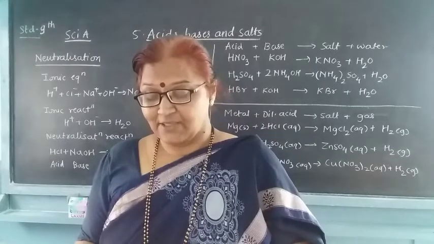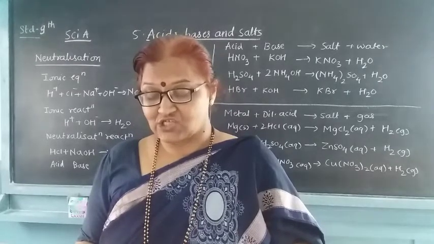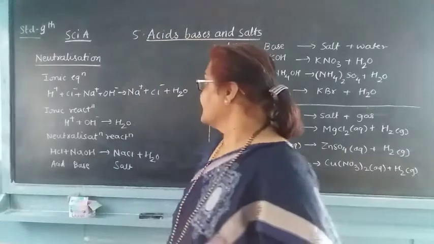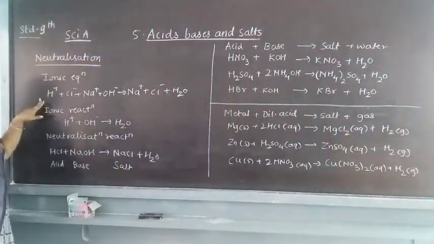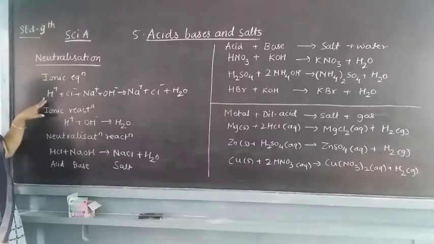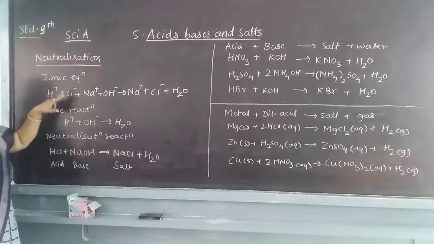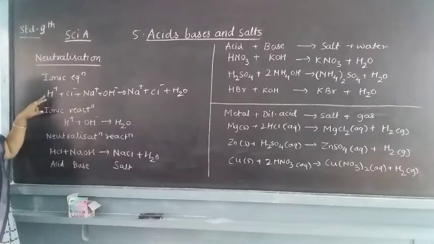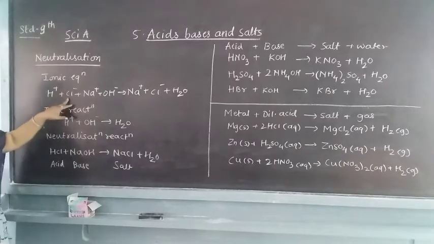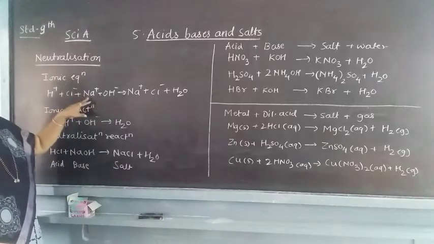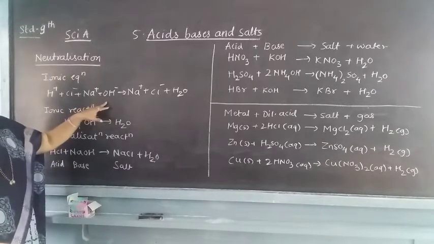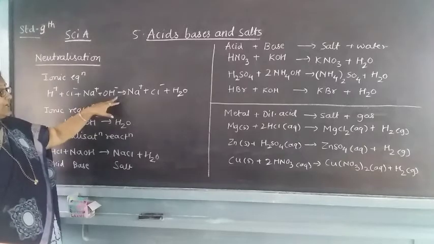This change can be represented by an ionic equation as shown below. See here, there is an ionic equation which shows you the particular process. Here HCl dissociates into H plus ions and Cl minus ions, whereas NaOH dissociates into Na plus and OH minus ions. So what happens?